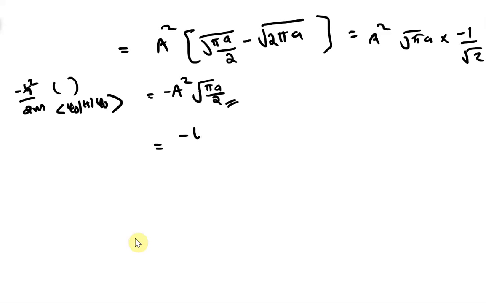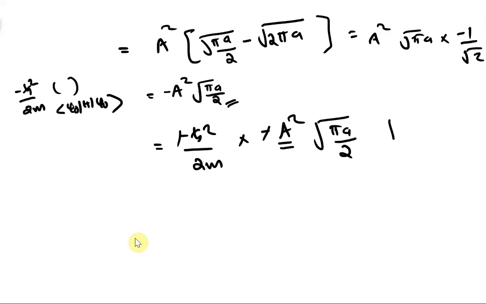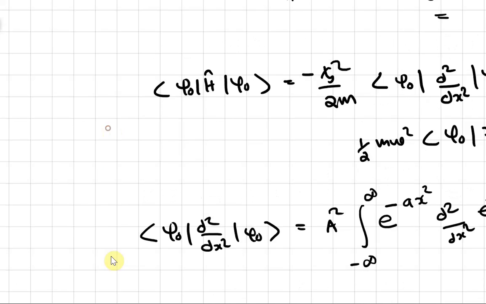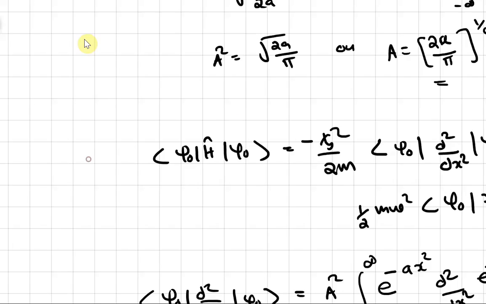So I just multiply this quantity with this minus h cross square by 2m into minus a square root pi a divided by 2, minus and minus, let's cancel. And a square again I already found out, that is something like root 2a by pi, something like that. Let's see, root 2a by pi.